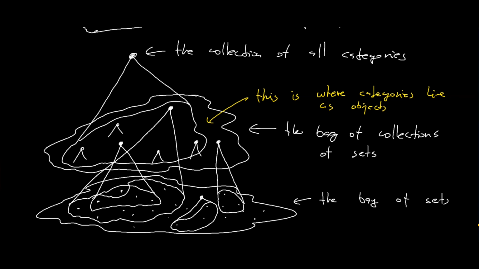So sets automatically are categories in a default way like this. And so one can just use the same Russell's paradox. Just think of sets as a category with identity morphisms being the only morphisms. Okay, and just viewing it through that lens. Okay. Yeah. Thank you.